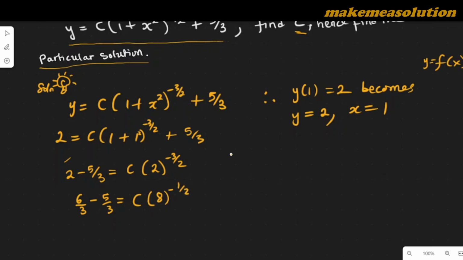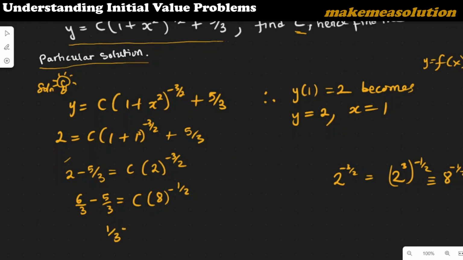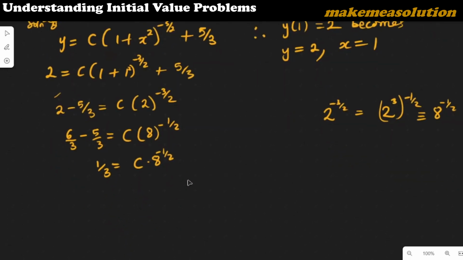Okay, so how did I get 8 raised to the power of minus 1/2? 2 raised to the power of −3/2 is the same thing as (2³)^(-1/2), which is 8 raised to the power of negative half. So we will have 1/3 = c · 8^(-1/2).